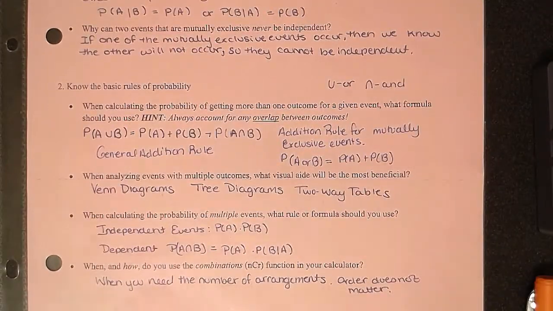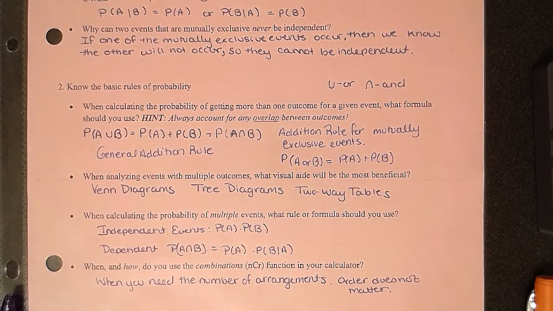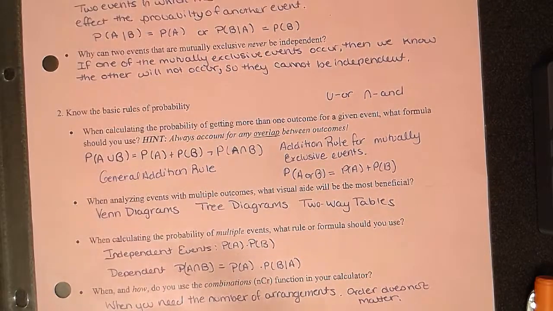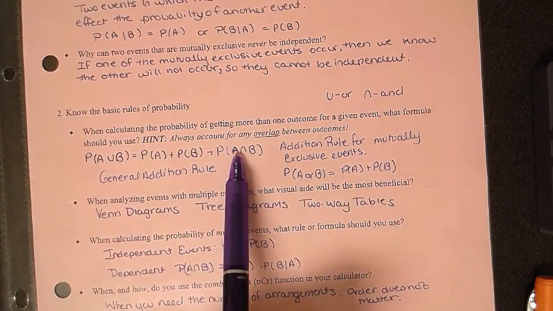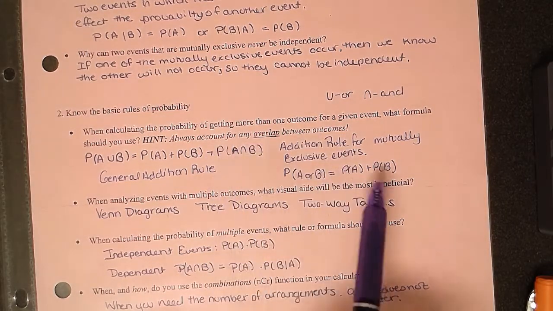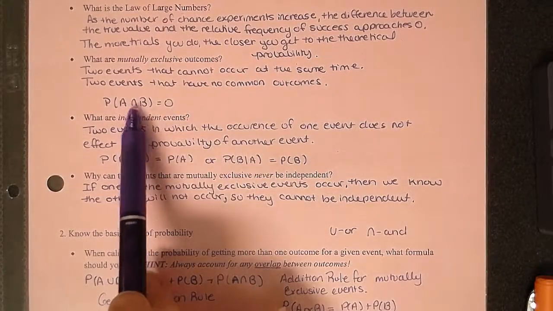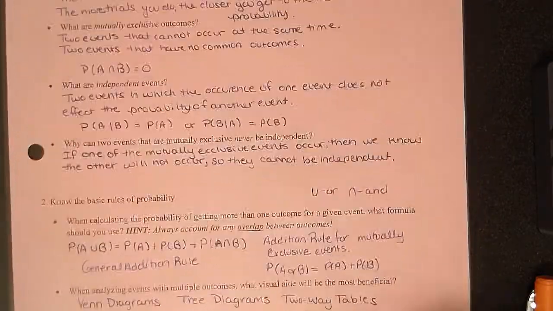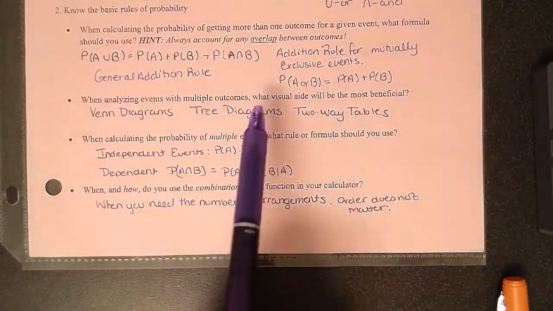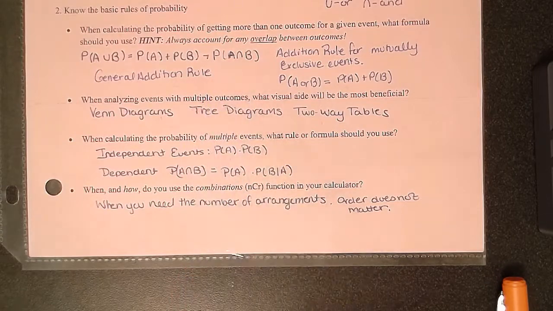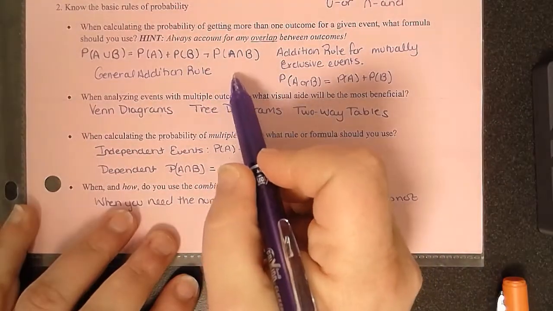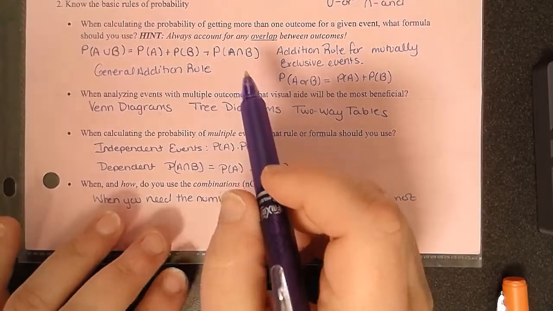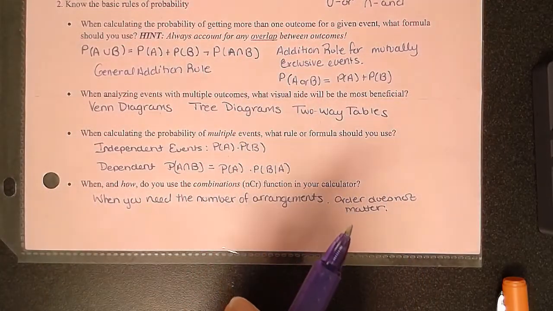When calculating the probability of getting more than one outcome for a given event, you want to add those together. Now, when they're mutually exclusive, I don't subtract the intersection because the probability of the intersection of them both happening is 0. But if they aren't mutually exclusive, you have to take away this A and B. I'll draw it on a piece of paper.